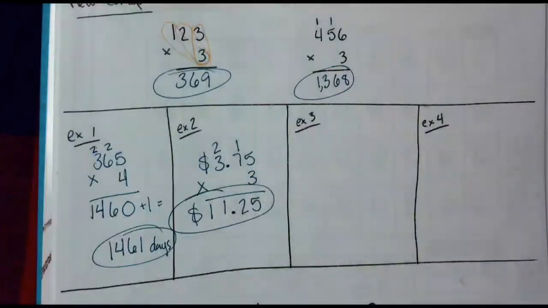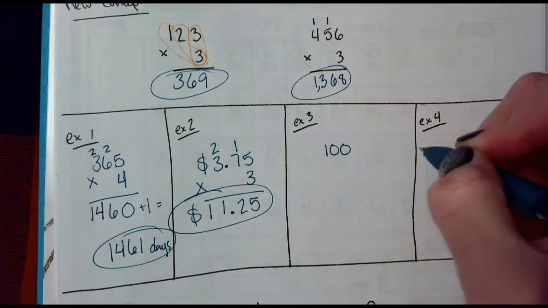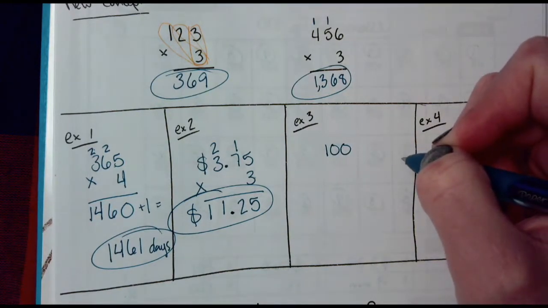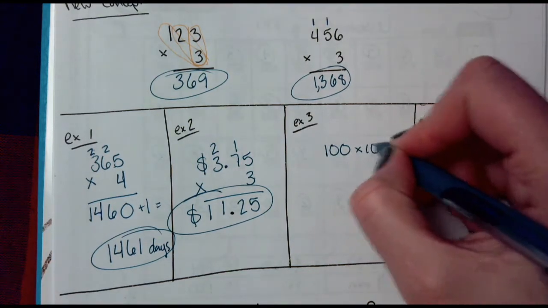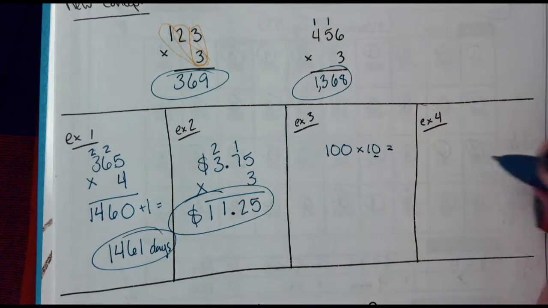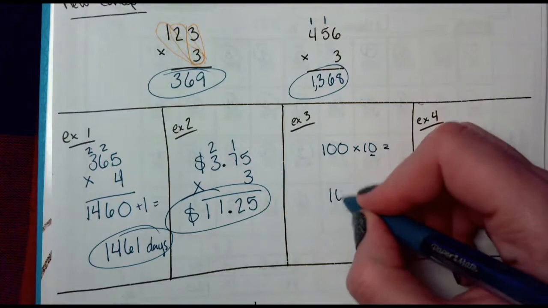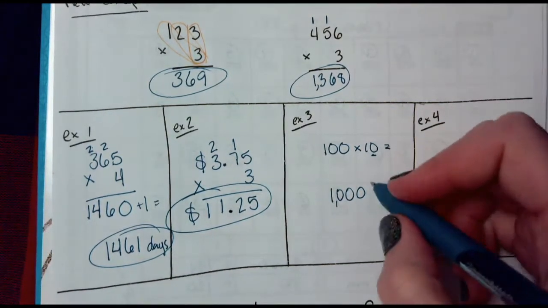So we're just really multiplying by 10. So if we do the same thing for 100, 100 per minute times 10 minutes. Remember when we multiply by 10, we add an extra 0? So 100 plus one more 0 would be 1,000 people.